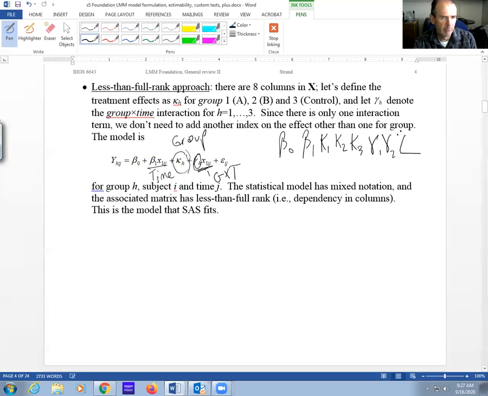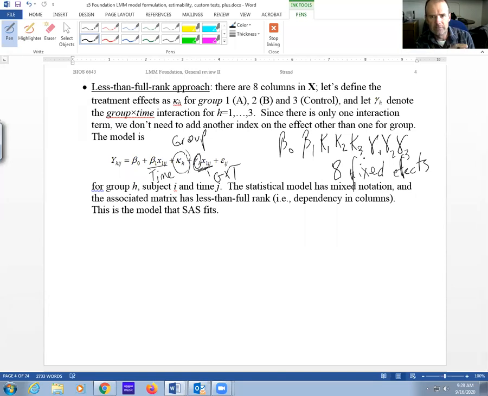How many parameters do we have there? There's 8. So there are eight fixed effects in this model. And so we've actually written a parameter for the control group.